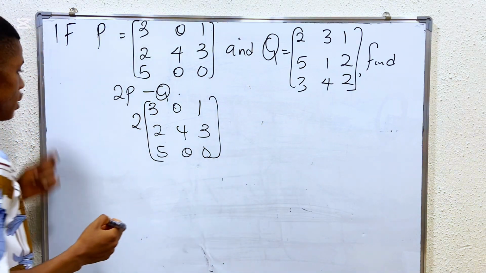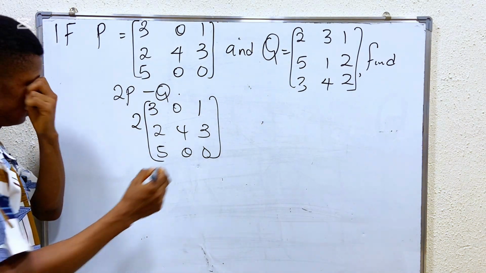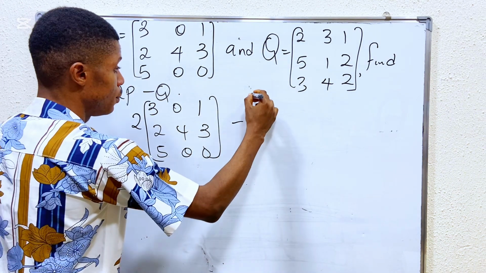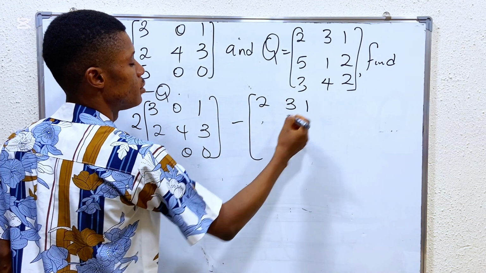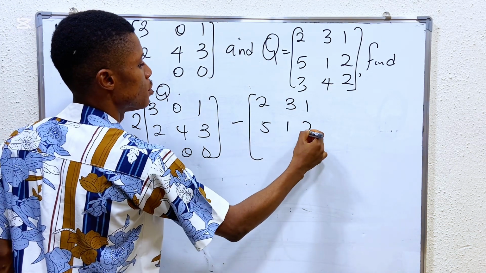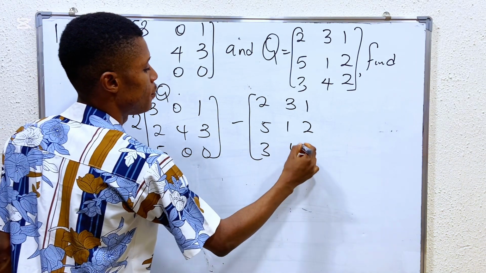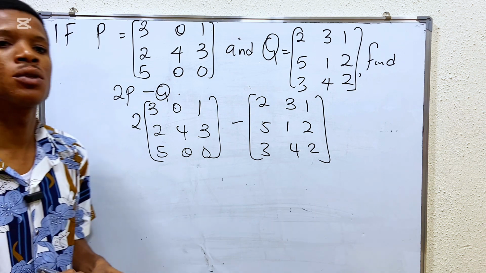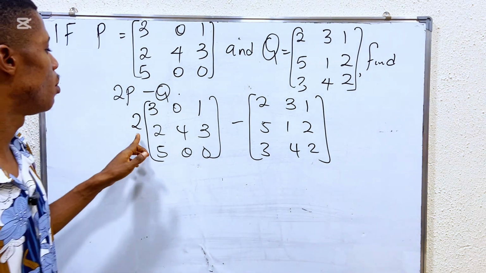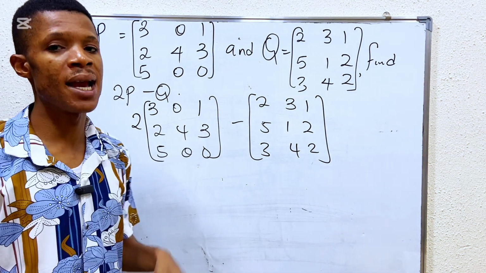This is matrix P. Minus matrix Q, which is a matrix of 231, 512, 342. Okay? So first thing we have to do before we subtract is to multiply matrix P by 2.